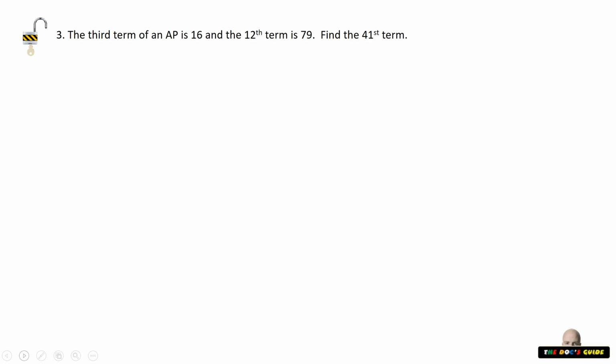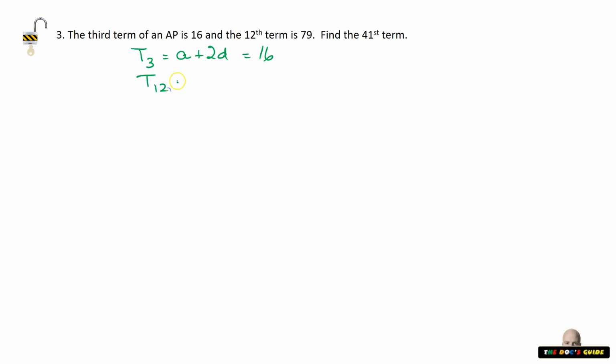Now for our next example, the third term of an AP is this, and the 12th term is this. Find the 41st term. You should be well and truly in command of the fact that if we're given two pieces of information, it's going to involve simultaneous equations. So if the third term of an AP is 16, we know that the third term is a, whatever that is, so we don't know that, plus n minus 1 d, and that equals 16.